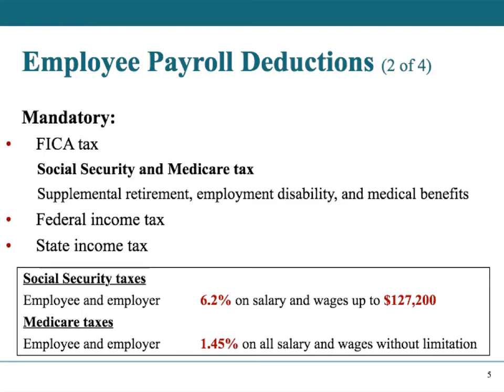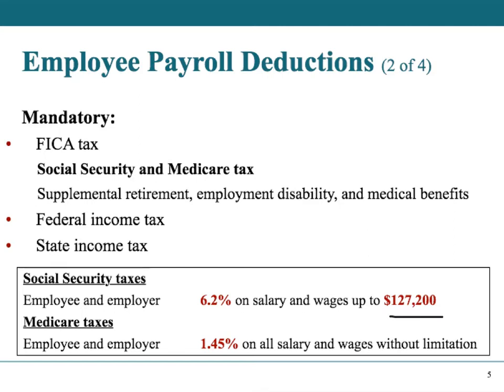For Social Security, sometimes it feels a little bit tricky, so I will try to draw a timeline for you guys here with the money line. How does it work? It is 6.2% on salary and wages up to 127,200, and this amount is changed annually, so you don't need to memorize it. If they want you to specifically calculate these taxes, they will give you that amount.